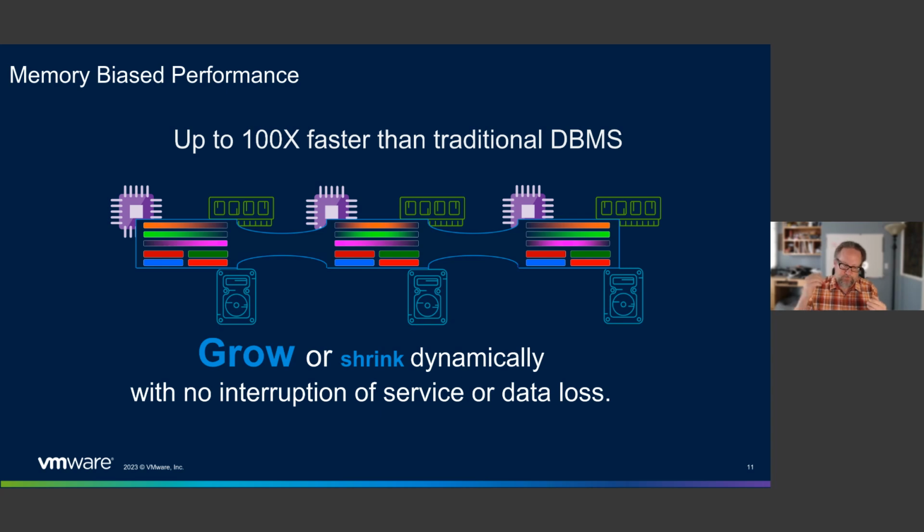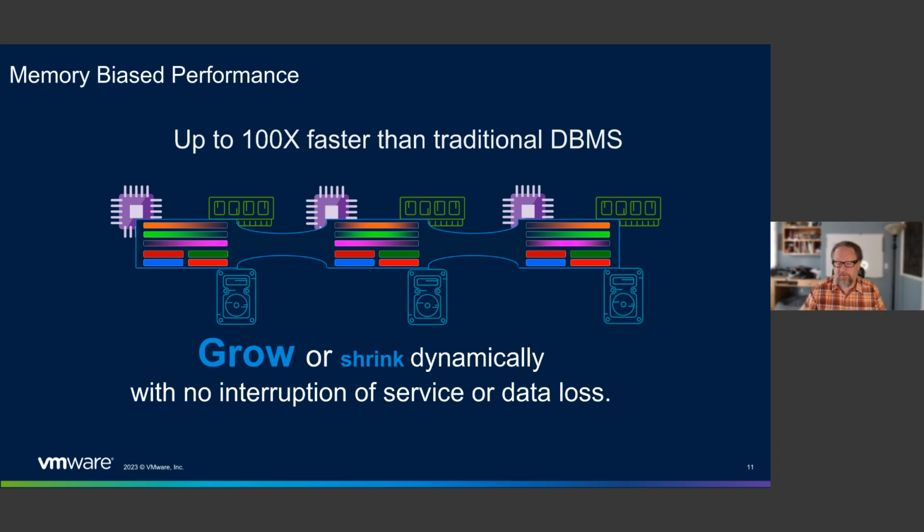So a lot of customers, when they want to scale down GemFire, they just pull the plug on their VMs. GemFire will automatically detect the failure and heal. The applications had no idea what's going on.